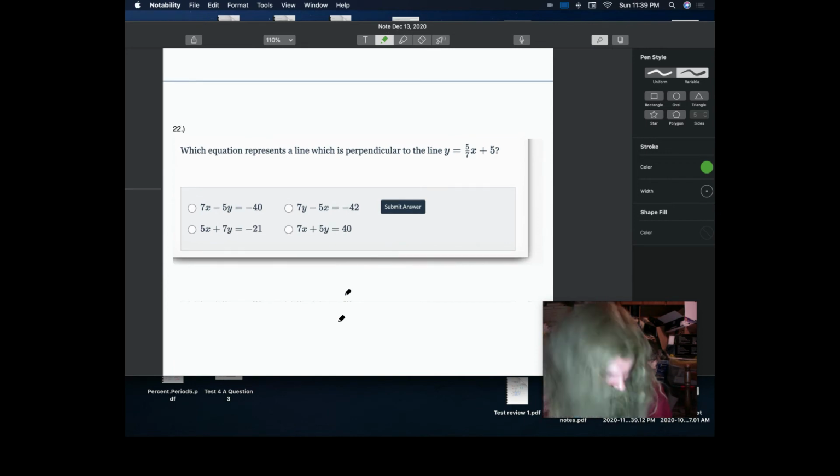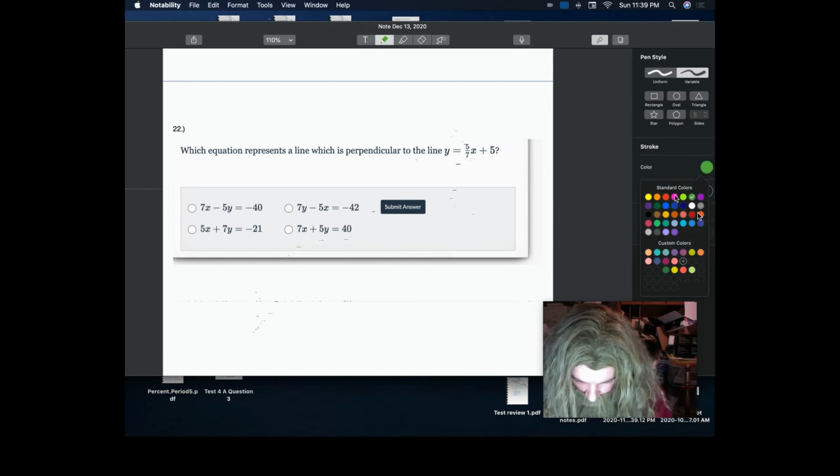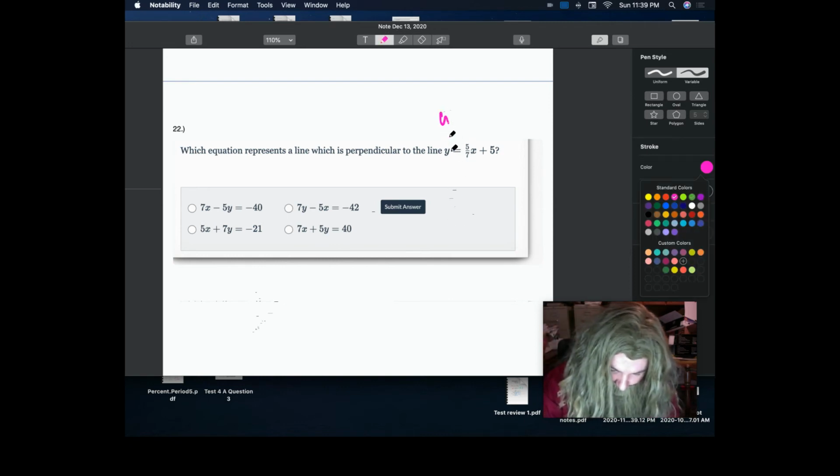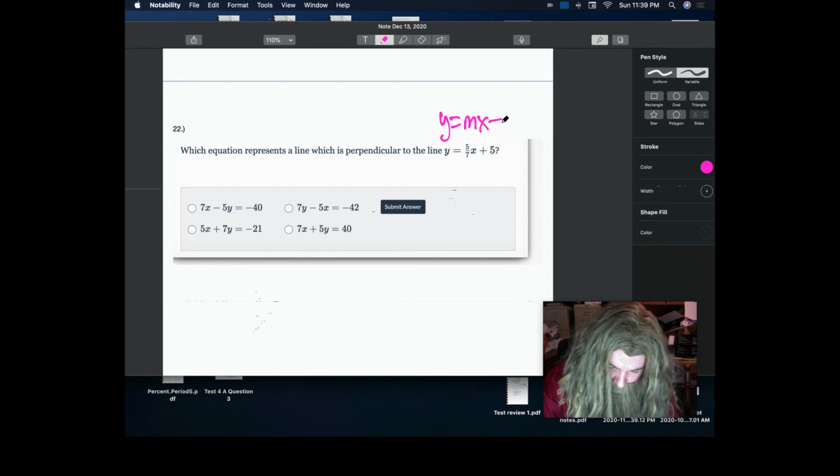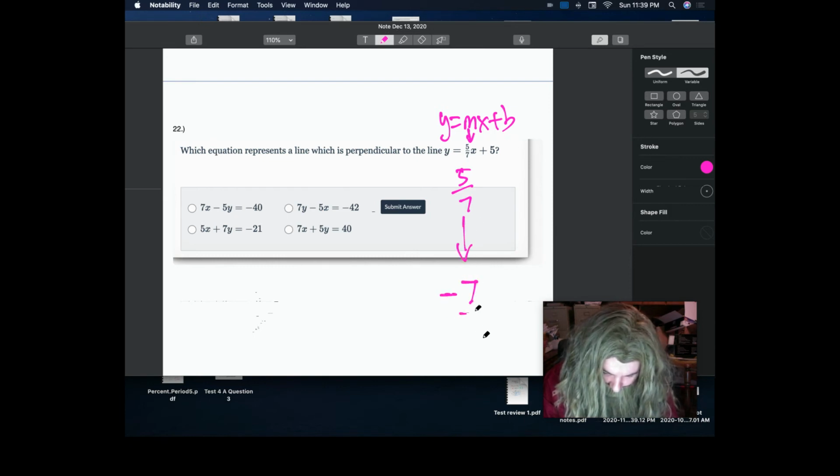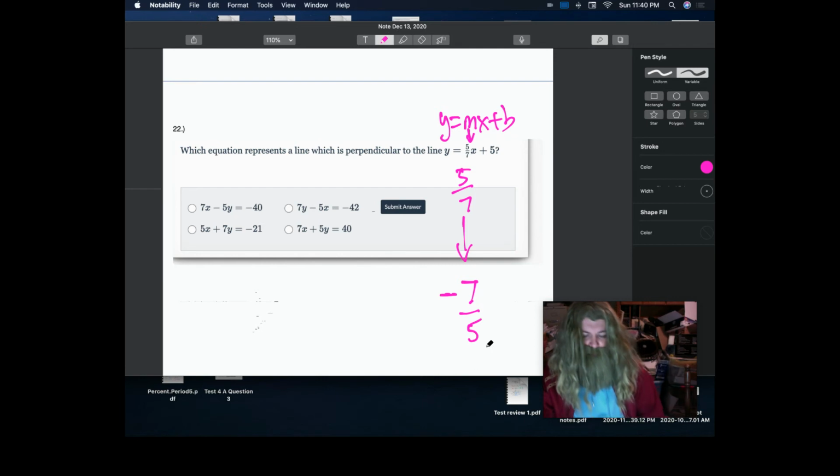Let's move on. Which equation represents a line which is perpendicular? So, once more, we notice that this is in y equals mx plus b, the slope to be 5/7. And if it is reciprocal, it must have a slope of negative 7 over 5. For perpendicular means opposite reciprocal slope.